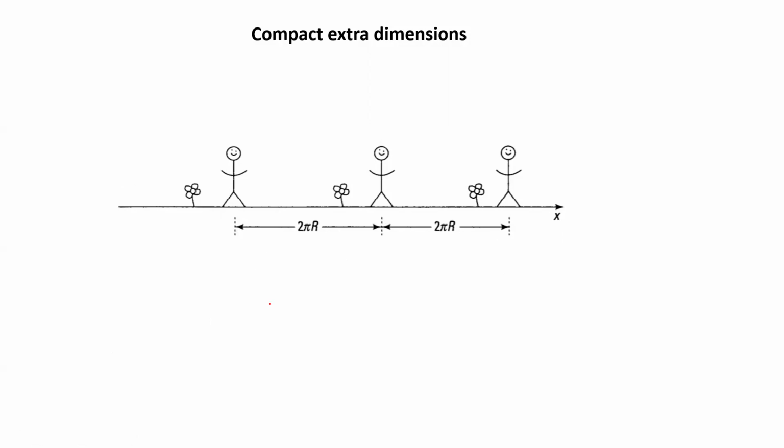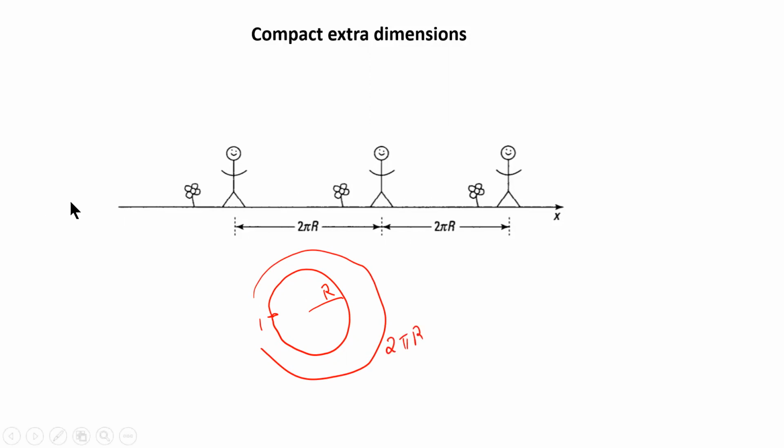Every time you go around 2 pi r, this object is going to come and repeat itself. So an infinitely long line is, topologically speaking, a circle of radius r.